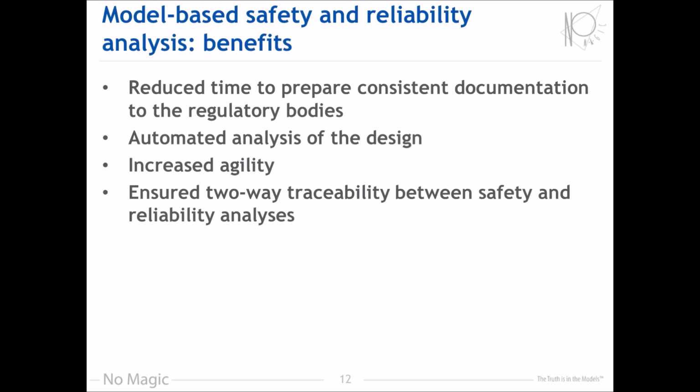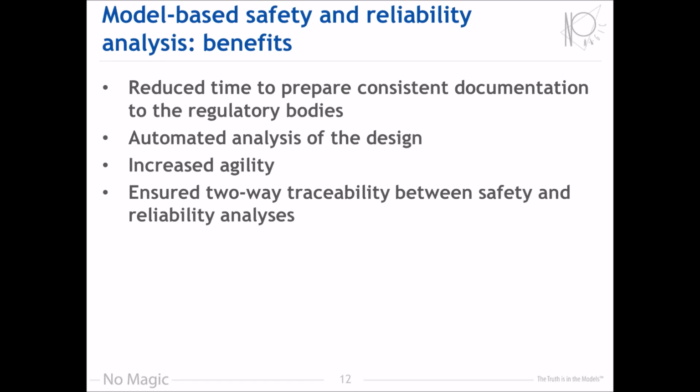And if you take a look at Excel analysis, it's really difficult to ensure that all your design went through these analyses. One of the things our customers are saying is that this actually helps in building more agility between design, safety, and reliability analysis phases.